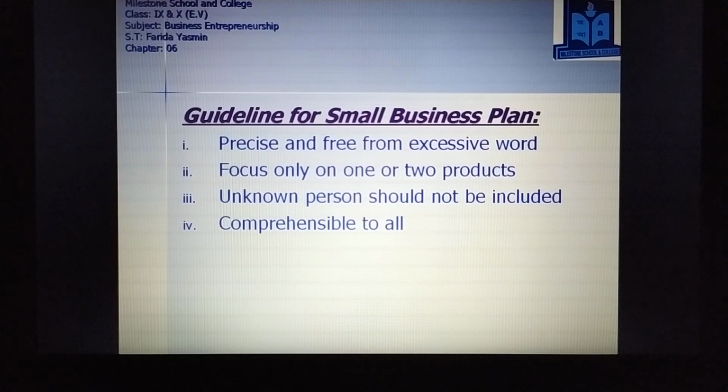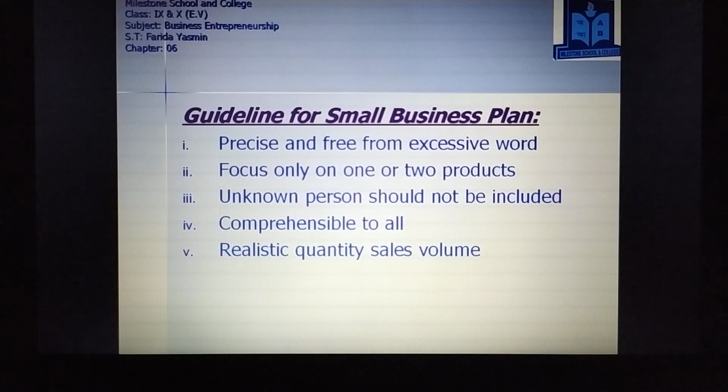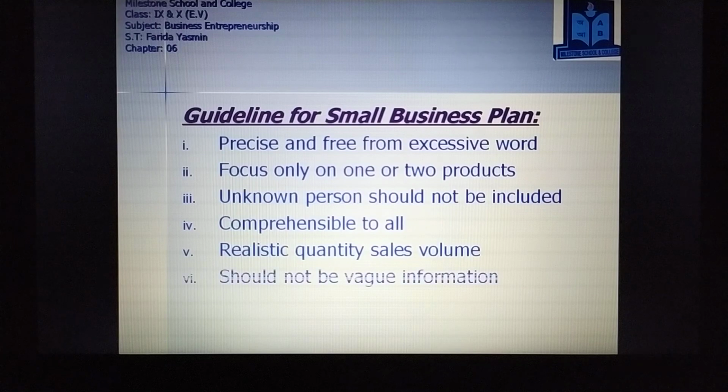Rather, it should be comprehensible to all. Number 5, realistic quantity sales volume. Students, sales volume should be projected on the basis of realistic quantity of production capacity. Sales account should be maintained very carefully. Then number 6, should not be vague information or any wrong information.